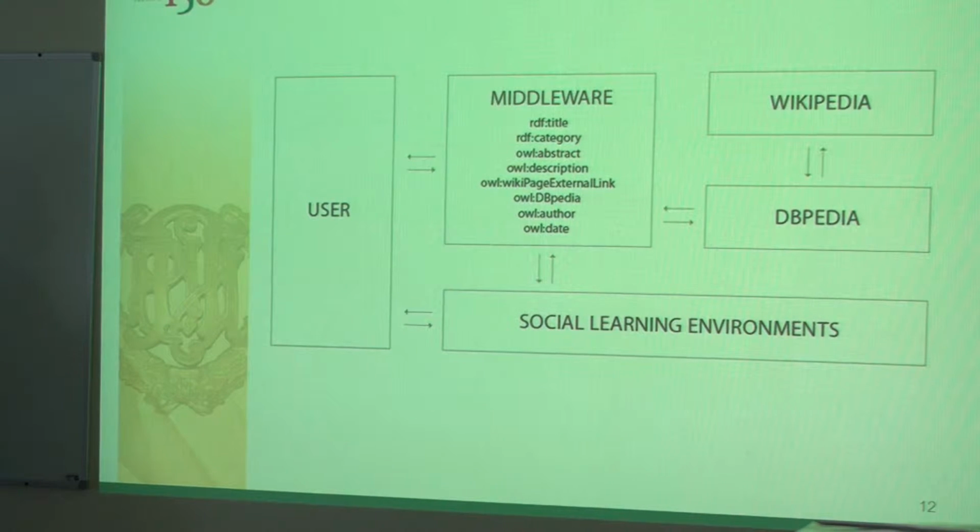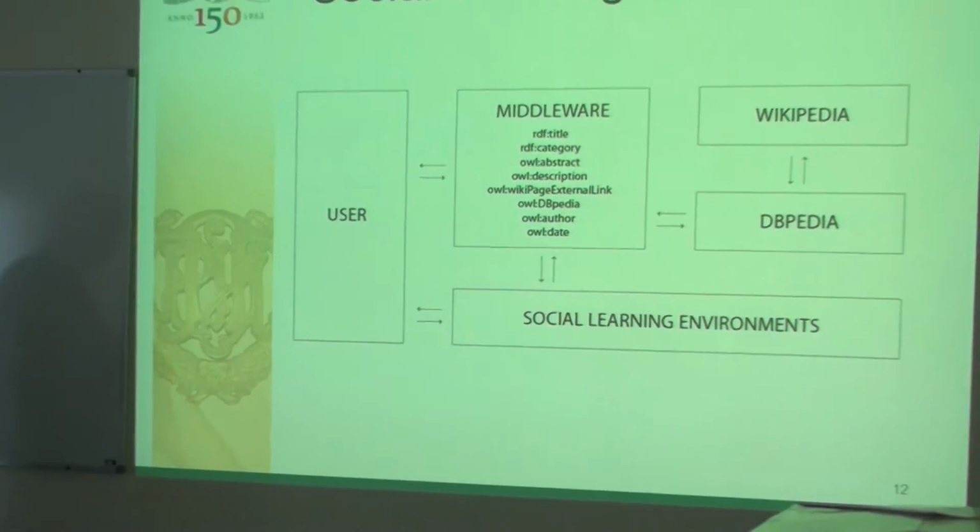The final structure of the metadata includes the title, category, and category can be actually used in the future when it is necessary to build a hierarchical structure of the knowledge, maybe link knowledge asset from one social learning environment to the knowledge asset from another social learning environment, but not with the DBpedia knowledge instance.